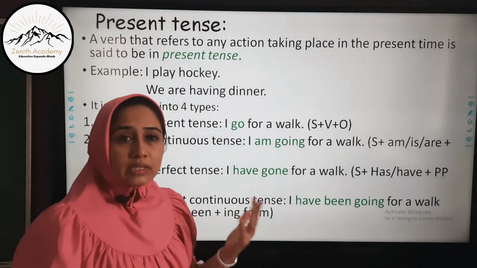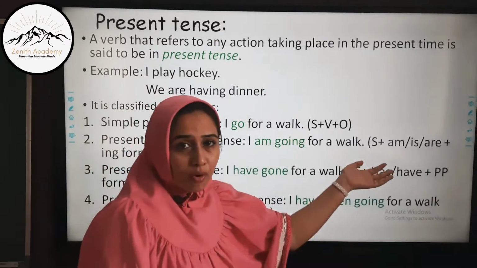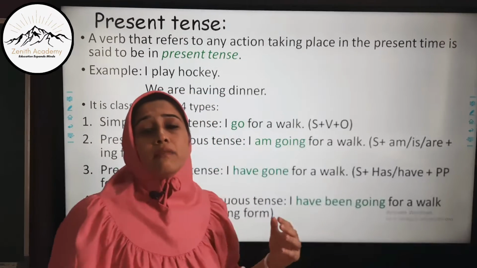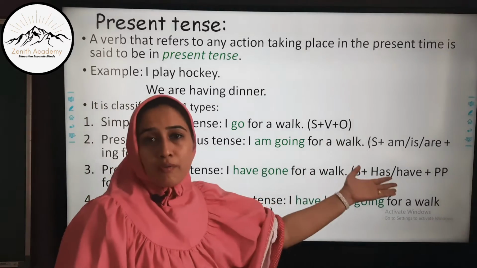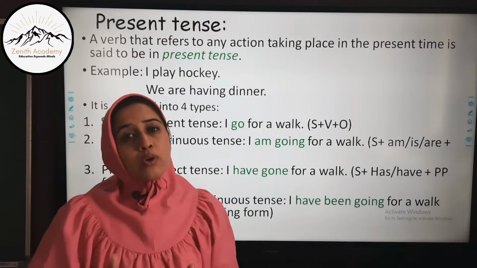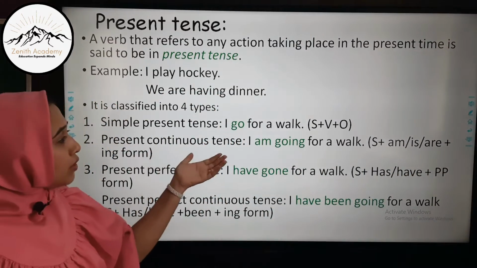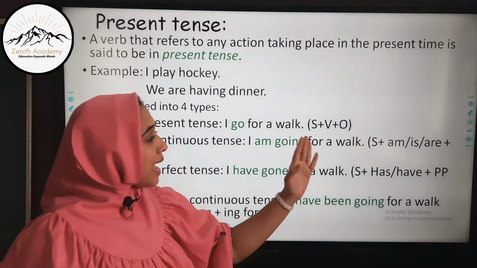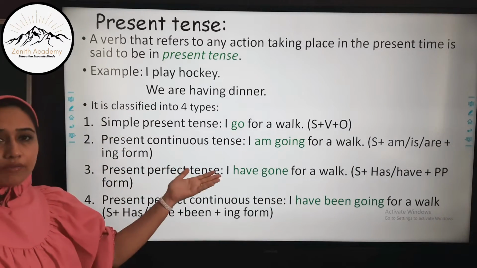When I am speaking about he or she, it says he is going for a walk. So is is used. And when the number of people increases, they are going for a walk. It will be are. In the present tense, the work is still going on. So this is the formula of present continuous tense: subject plus am or is or are and ing form of the verb.